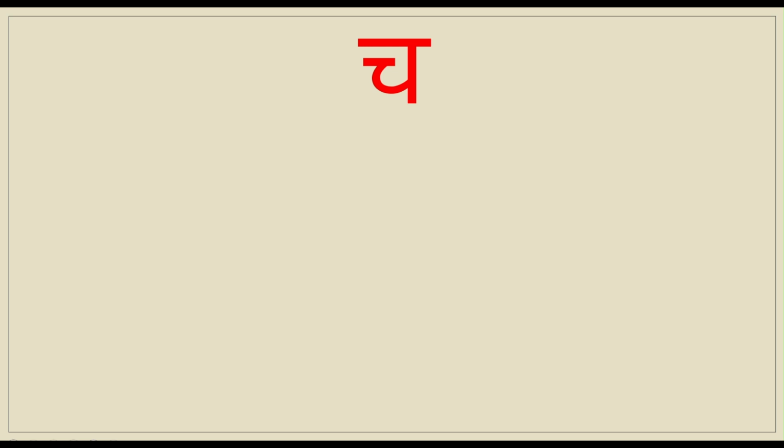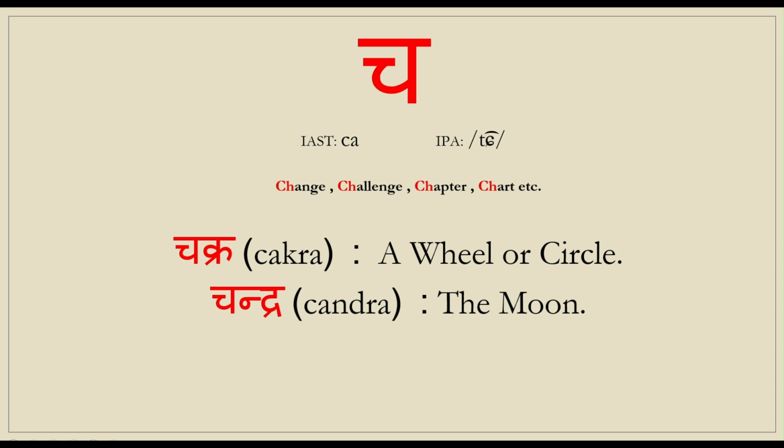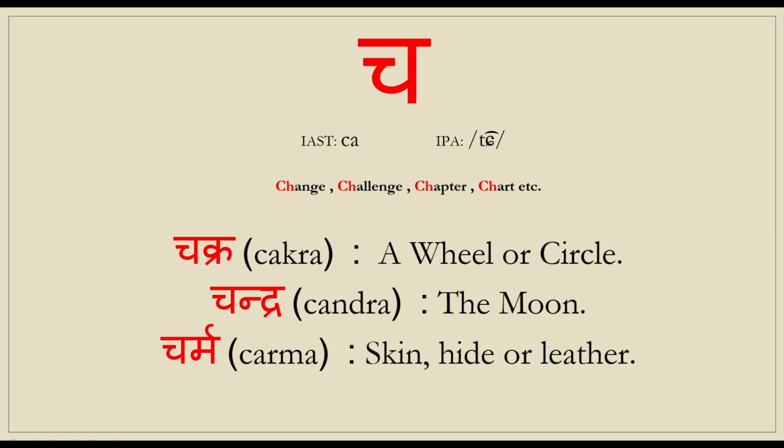It's represented in IAST by CA, and this sound is quite prevalent in English, like in words change, challenge, chapter, chart, church, etc. In Sanskrit, the words with this sound are like the word chakra, which means a wheel or circle, the word chandra, which is the name for the moon, and the word charma, which means skin, hide, or leather.